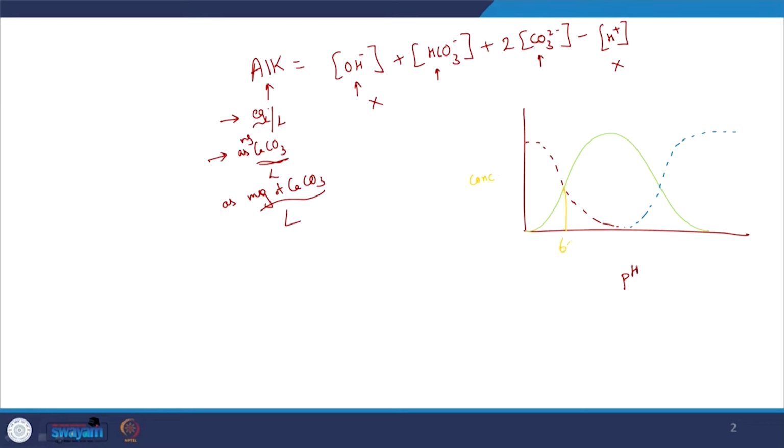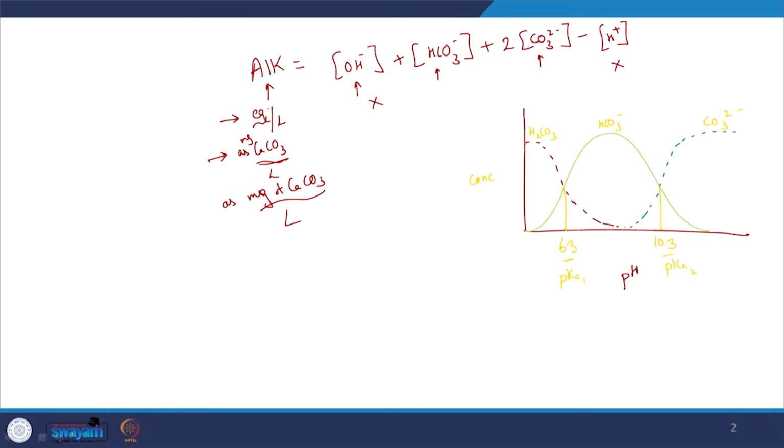This is 6.3, pKa1, because it's diprotic H2CO3, right? This will be 10.3. So below 6.3, H2CO3 will predominate. Between 6.3 and 10.3, HCO3 minus will predominate, and above 10.3, CO3 2 minus will predominate, right? Above pH of 10.3. These are the two pKa values, pKa1 and pKa2, acid dissociation constants.